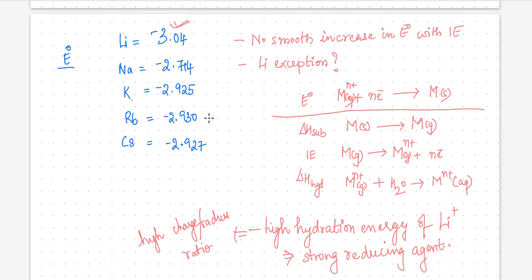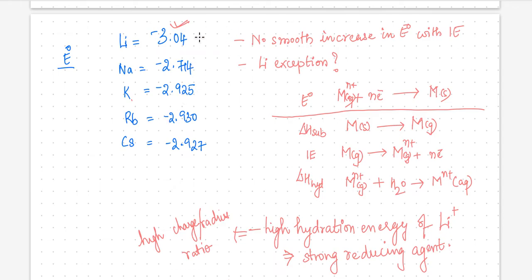That means they are good reducing agents, but the negative value is of a lower magnitude than the alkali metals, and that is why alkali metals are stronger reducing agents than the alkaline earth metals. Okay.